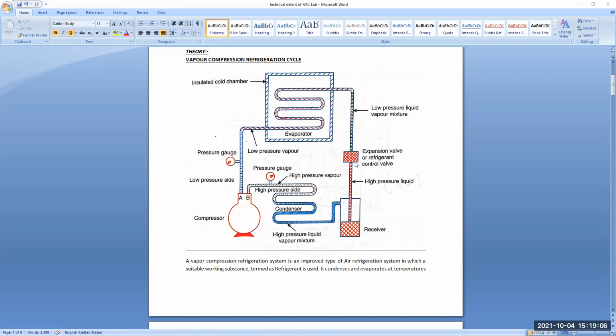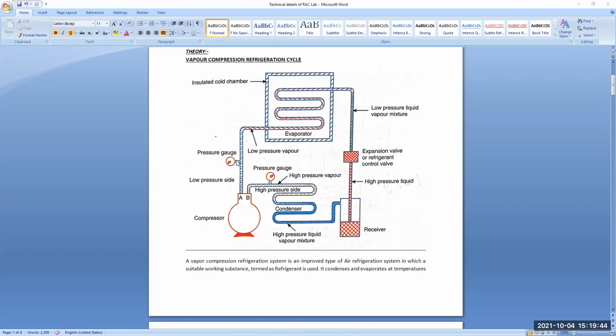In the expansion valve, the high pressure is reduced to low pressure at the outlet of the expansion valve, but the refrigerant remains liquid. From the exit of the expansion valve it goes to the evaporator at low pressure. In the evaporator the pressure remains more or less the same, but the refrigerant evaporates by absorbing the latent heat of evaporation from the chamber, and then it becomes a low pressure gaseous state and comes out of the evaporator.